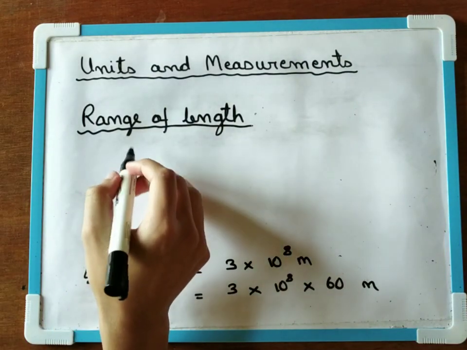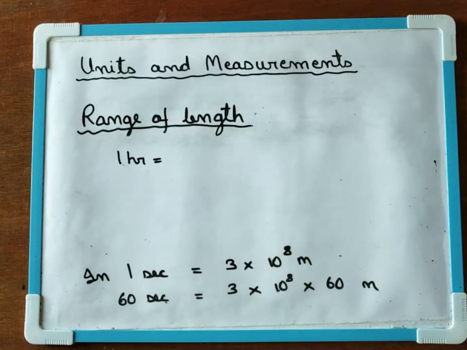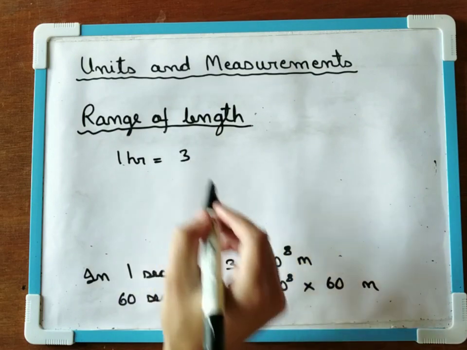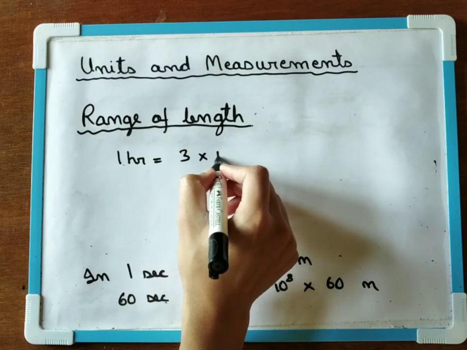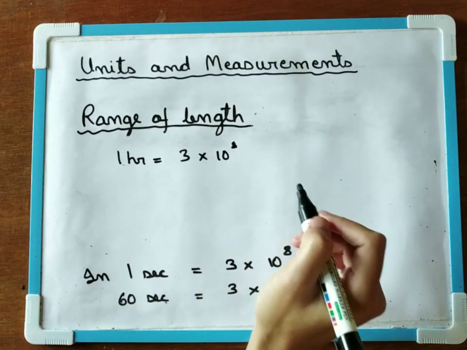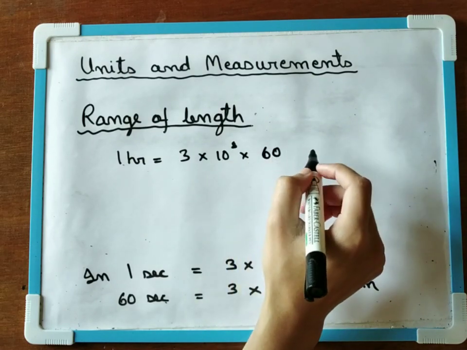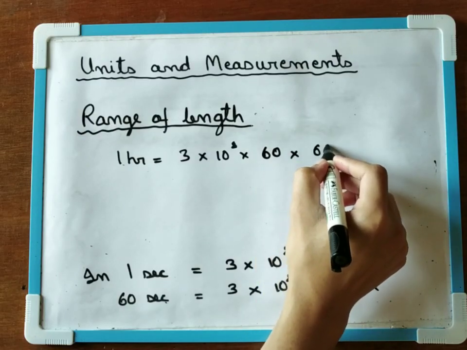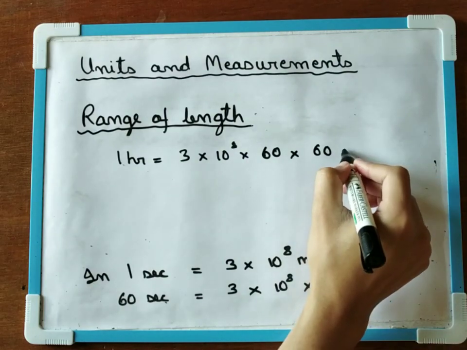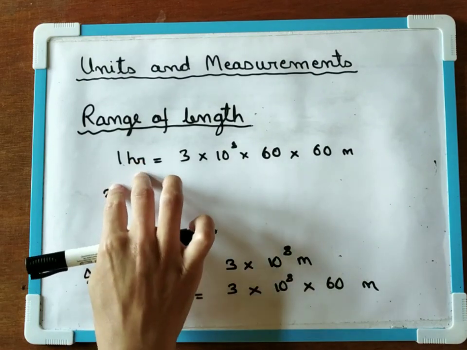You'll have to multiply this again with 60. 3 into 10 to the power 8 is for 1 second, this is for 60 seconds, that is 1 minute, and this is for 60 minutes, that is 1 hour.